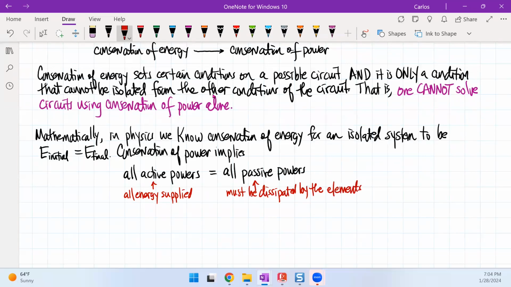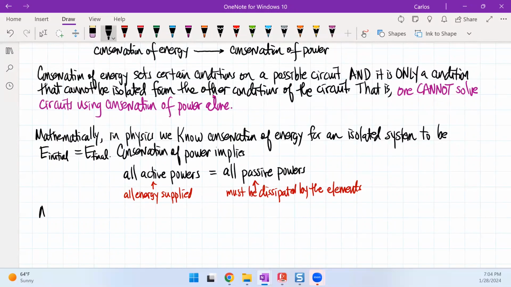You can't save electrical power. So in our language here, we say that active powers being delivered to the circuit must be absorbed by the passive powers. Once again, what does this statement say?